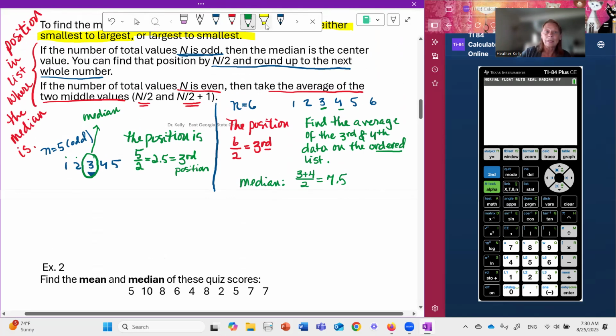And also, it doesn't matter what we're doing here, we're going to have the list in order. So I'm going to put the list in order here. And I've already done it. So it's 2, 4, 5, and 5, 6, 7, and 7, 8, and 8. And 10.